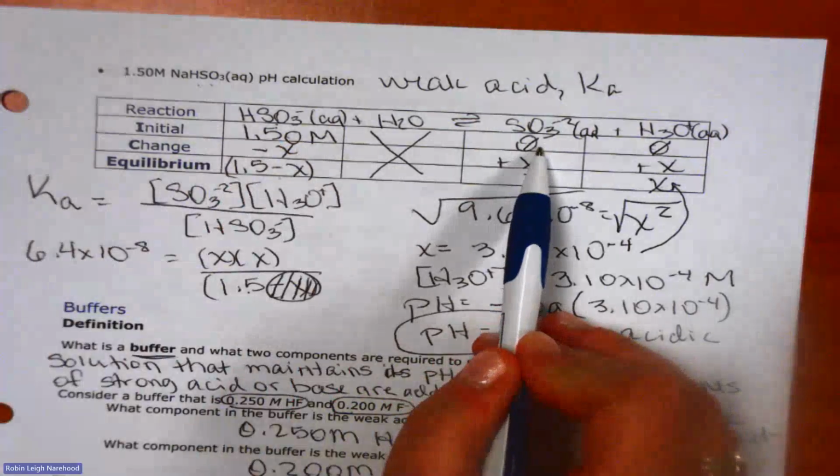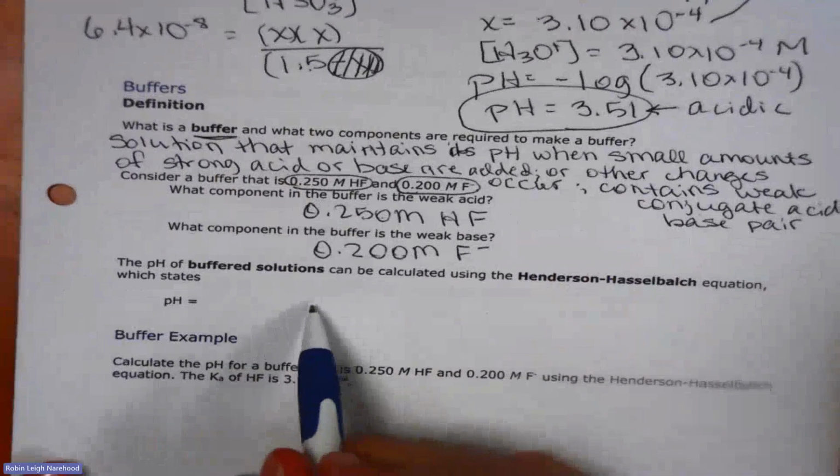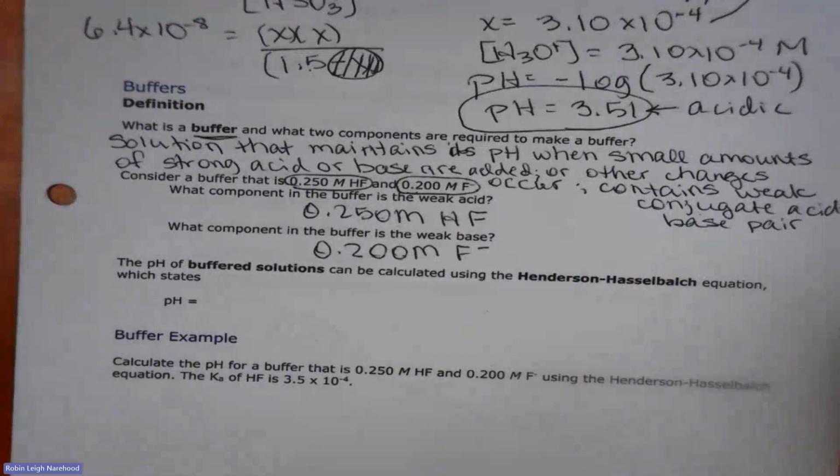It would be whatever was dissolved, so the chart would look different. We can use a chart and go through the whole process with the minus X and plus X, ignoring them because of how small the constant is, then solve for X and use that for the pH.